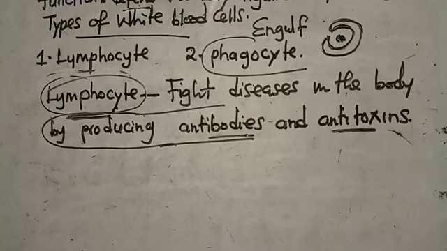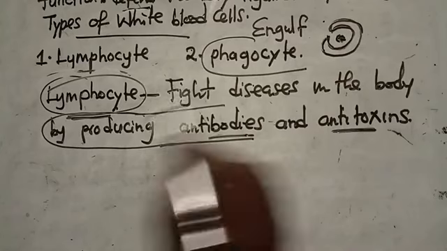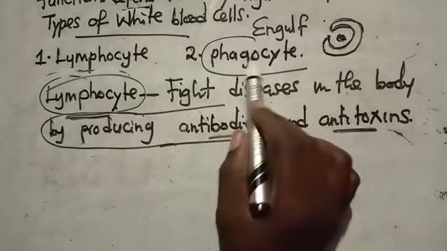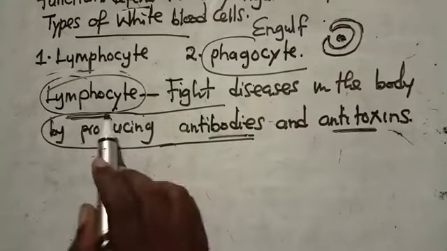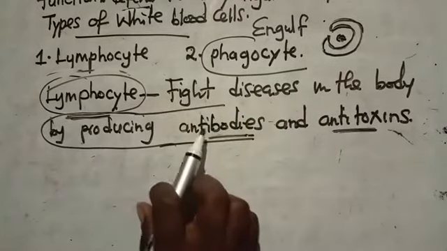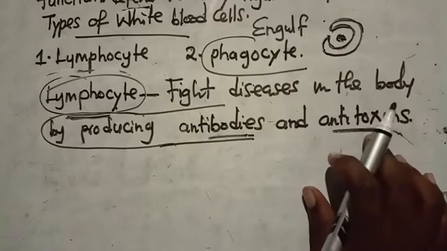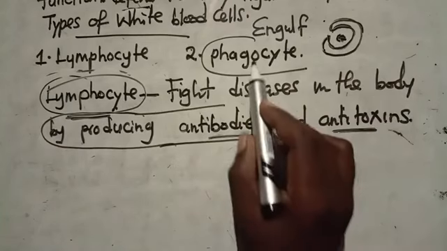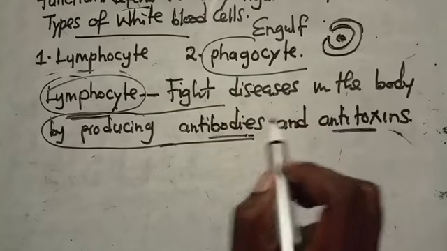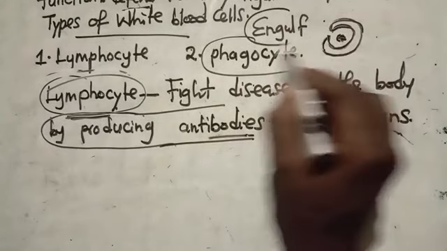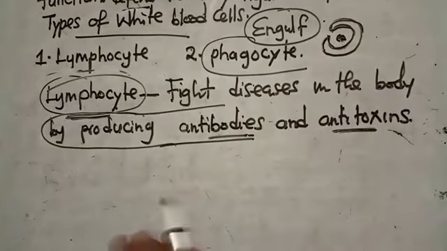They both make sure that there is order in the country, but the way they do that differs. Same applies here. Both fight diseases in the body, but a lymphocyte does so by producing antibodies and antitoxins, while a phagocyte fights diseases by engulfing the bacteria.